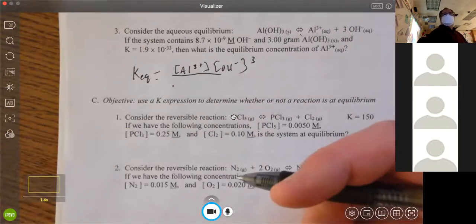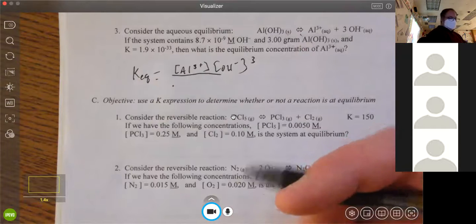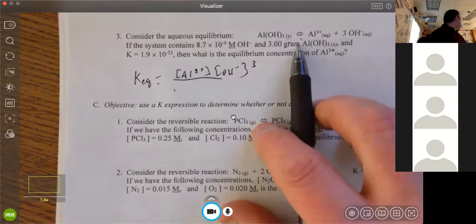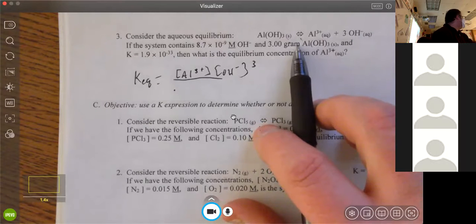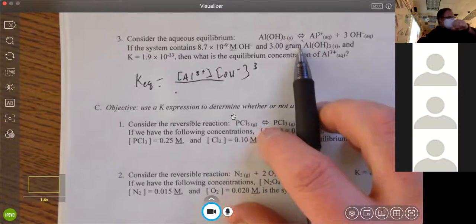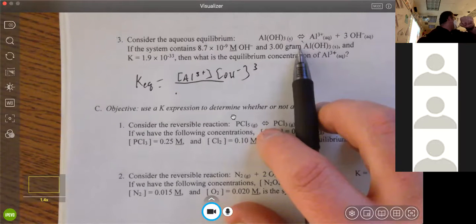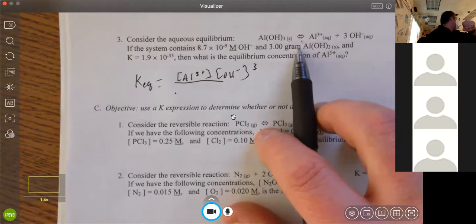They give us aluminum hydroxide, but that doesn't matter. That's just sitting there on the bottom. That means it's present, and things can only react if they're touching the surface of that. That's why the concentration is not a big thing for that.